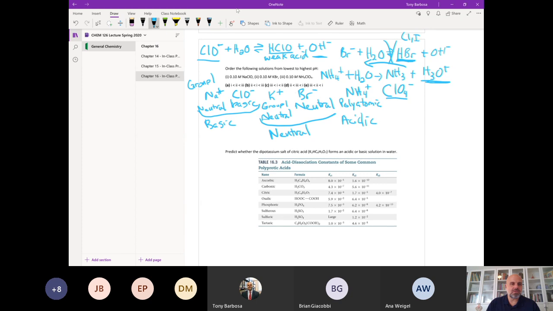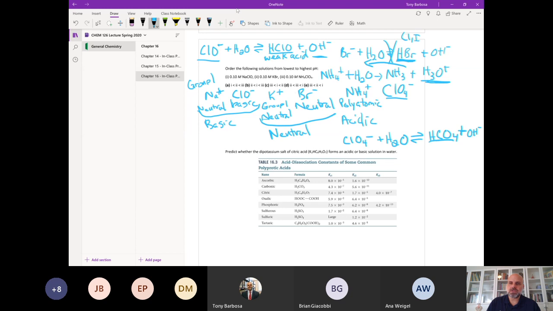Running out of space here. Right, ClO4 minus plus water. If you were to draw the equilibrium, it would form HClO4 plus hydroxide.